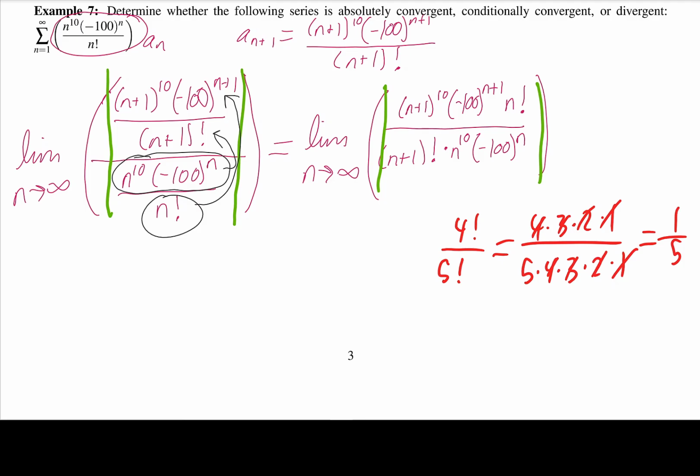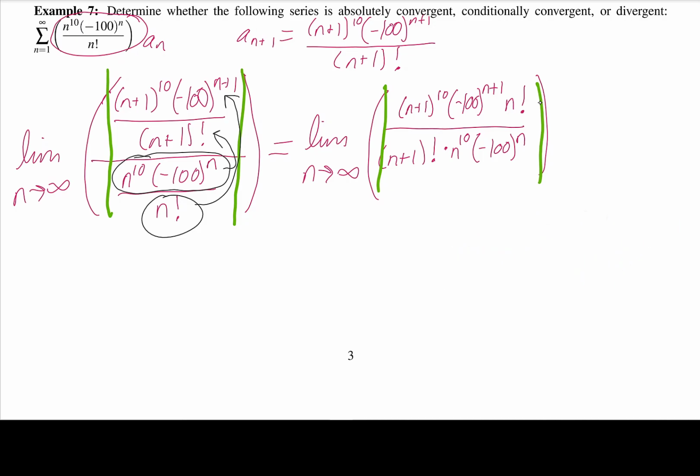Notice we're canceling out this 4 factorial and leaving everything that came after 4, right? We canceled out everything up until 4 and then left the 5 because it comes after. And so the key thing to note is that n factorial over n plus 1 factorial is equal to 1 over n plus 1.